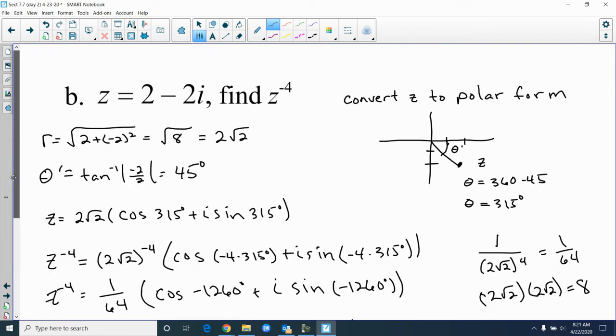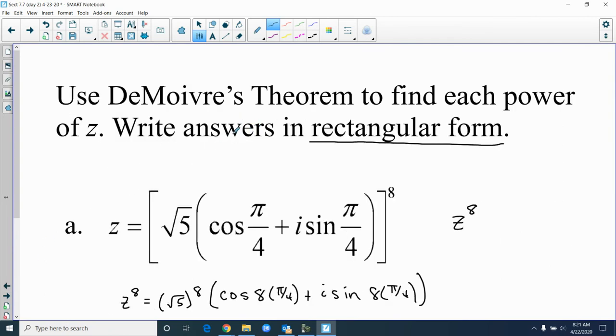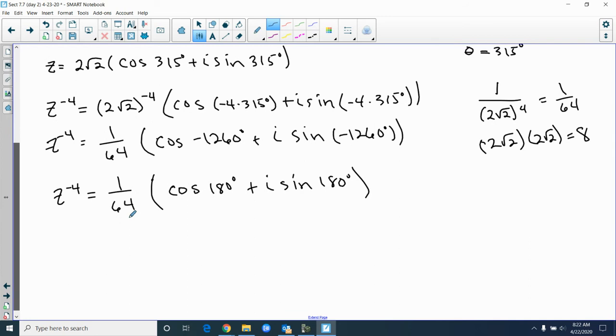We're still going off the directions from the previous one where we're going to write our answers in rectangular form. So now at this point, cosine of 180 degrees, that is negative 1, plus i times sine of 180 degrees, which is 0. So in the end, basically distribute your 1/64.